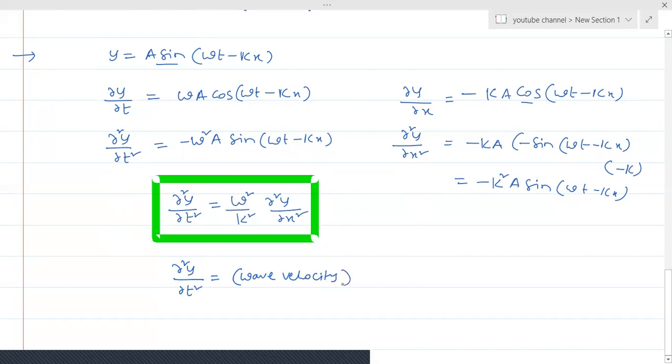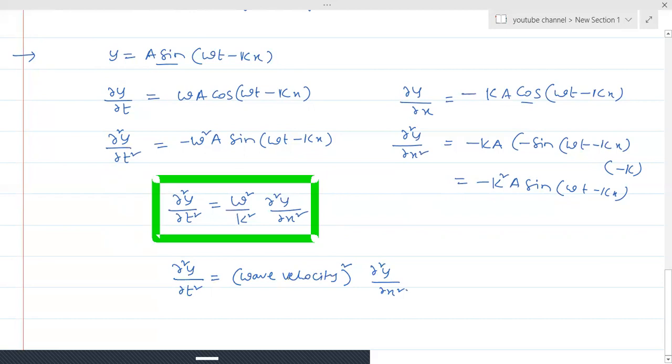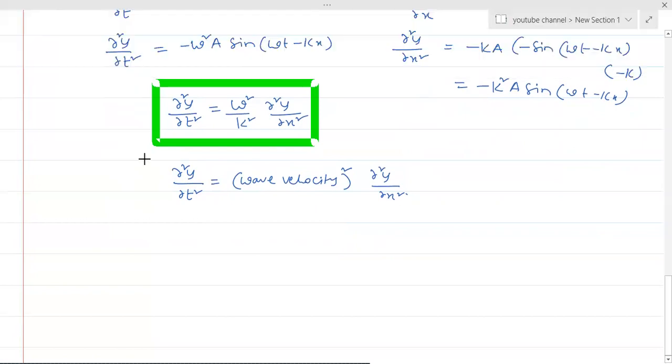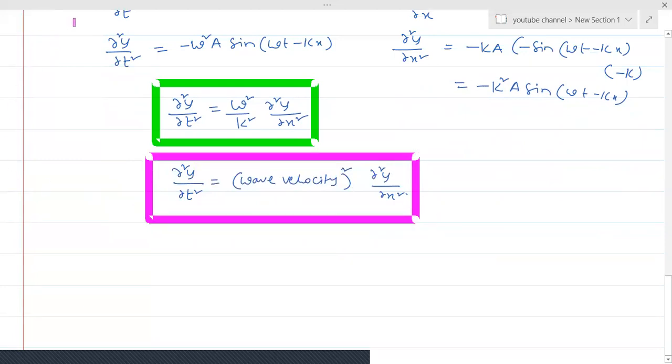So dou square y by dou t square equals wave velocity whole square into dou square y by dou x square. This is another important relation to understand the wave nature.